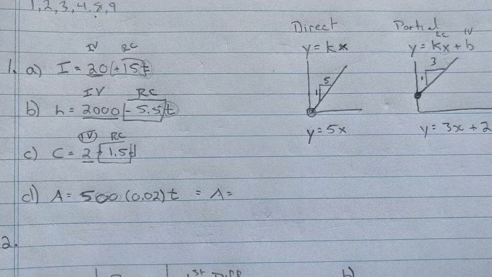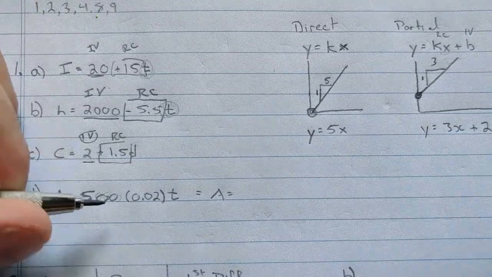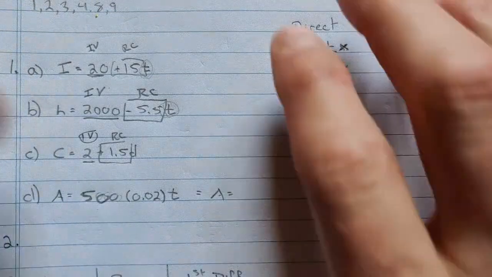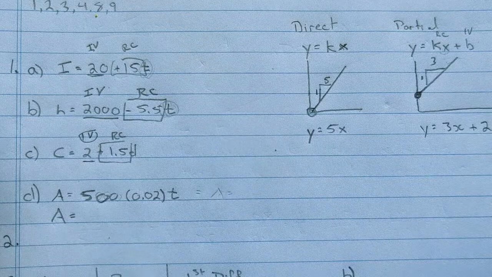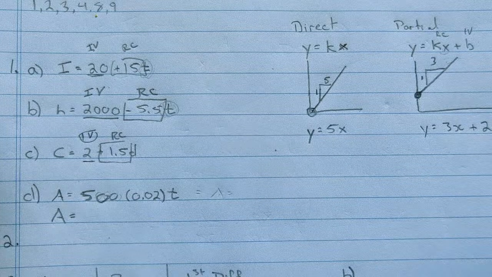So in that case, we can simplify this, and I'm going to rewrite it out. This is A equals, and now this is 500 times 0.02, or 2% of 500, and so we can actually simplify this down to 10t.